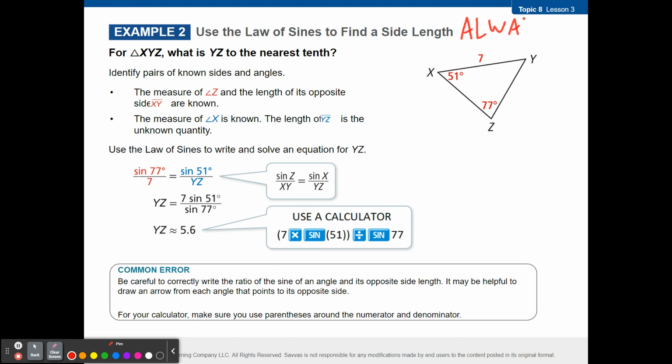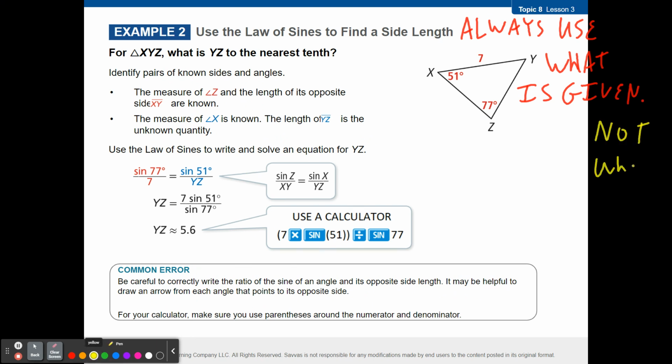Always use what is given, not what is calculated. Sorry, I can't fit it. That's an ED on the end, guys. Sorry about that. I promise I know how to spell calculated.